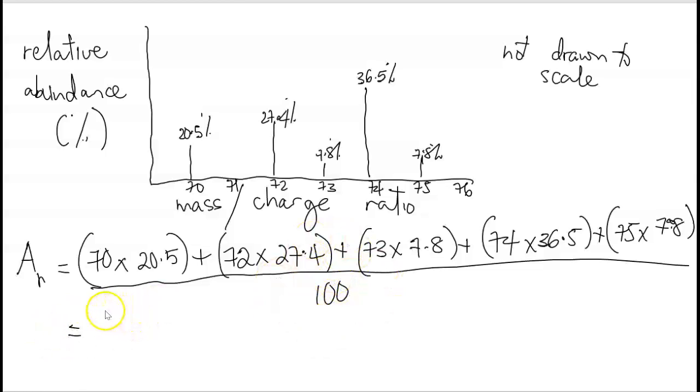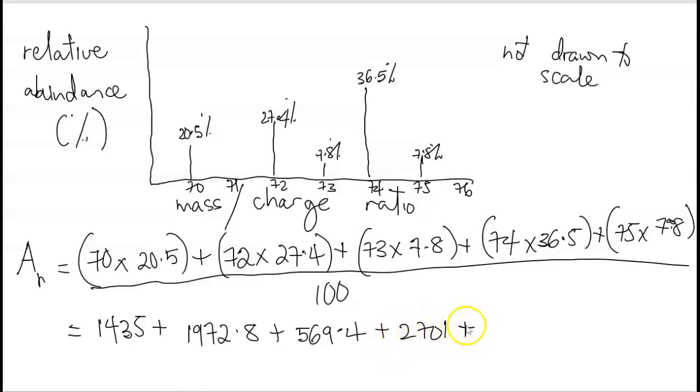When we add those, we will get 1435 plus 1972.8 plus 569.4 plus 2701 plus 585, all divided by 100, and that works out to be 72.632.